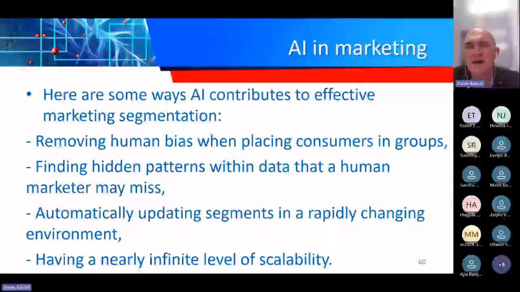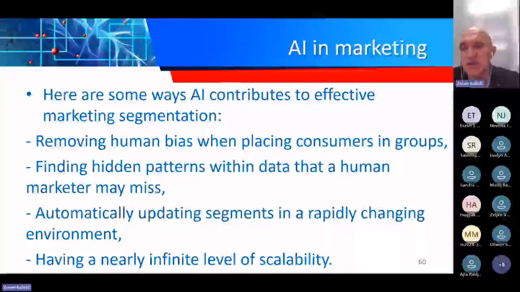So how does artificial intelligence contribute to effective marketing segmentation? As I previously said, it removes human bias. So it is completely data-based segmentation. It can find some hidden patterns which we could miss or which we would not see in the data that we would look at.